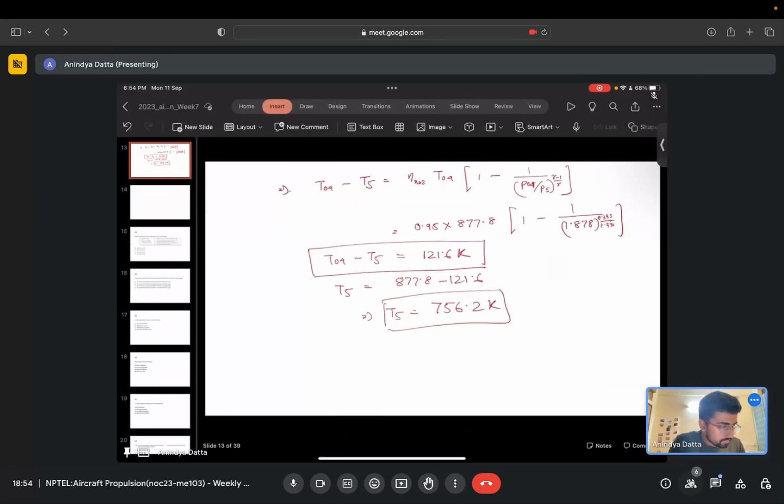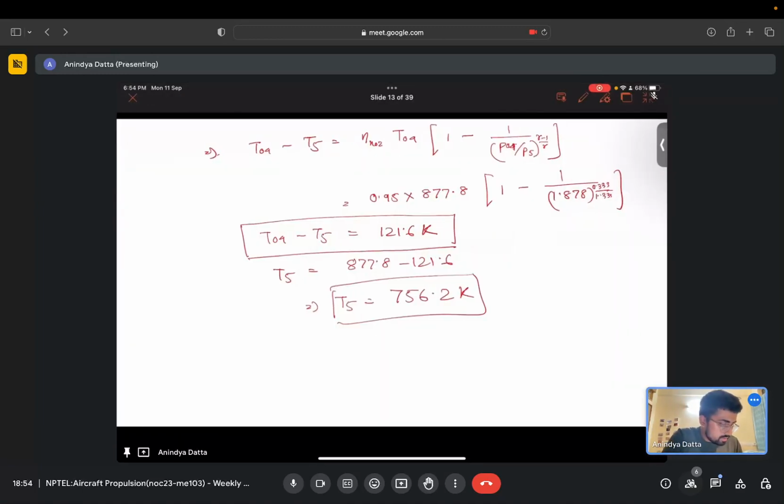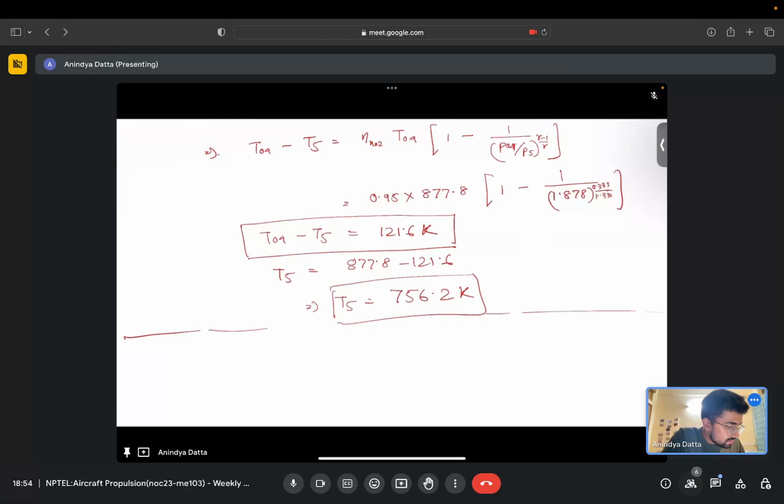Okay, next we have to compute the velocity, c5. So c5 is equal to the square root of 2 cp times (T04 minus T5).